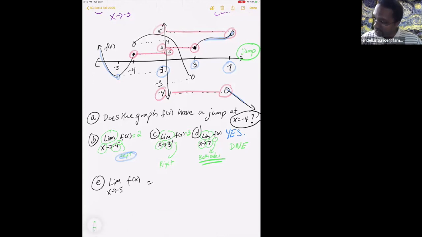If I'm on the right side of the graph, again, I will get to the same exact point, which is again -1. So since both sides are now green, I can now give you a limit for this problem right here. The answer is going to be -1. I could also write the limit as x approaches -5 from the left is -1, and the limit as x approaches -5 from the right of the function is -1.